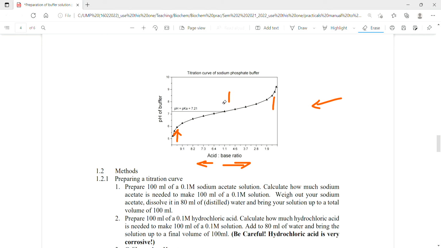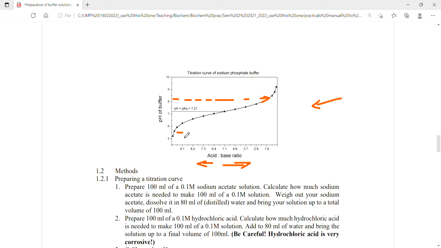Another thing I want to draw your attention to is the range. You want to know the range of the pH. You need to draw a line, probably somewhere here, and here.